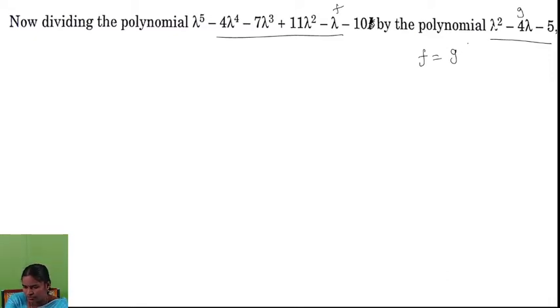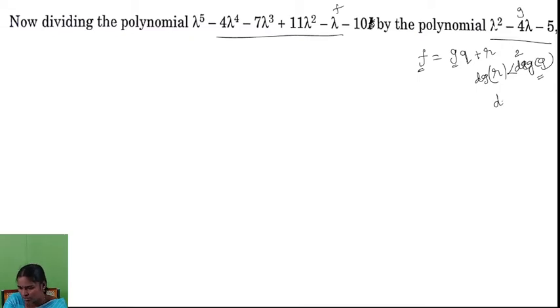If we divide the polynomial F by G, then by the division theorem, which I think all of you are familiar with, we will get some quotient plus some remainder. Also, the degree of this remainder should definitely be less than the degree of G. Since G is a polynomial of degree 2, the degree of the remainder will be less than 2.